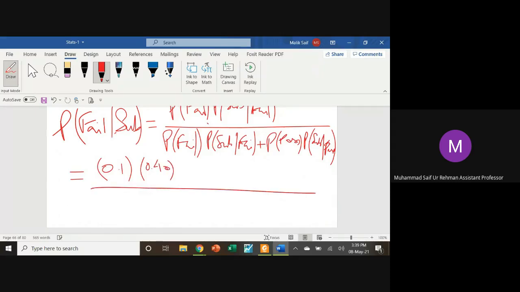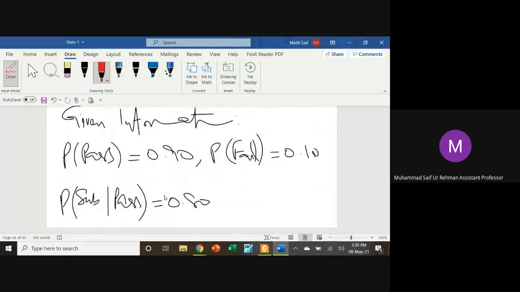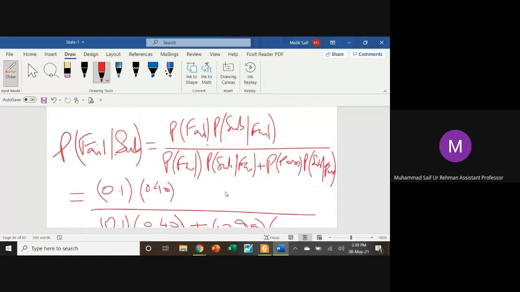Fine. In the denominator, you will repeat this term because the first term is same, 0.40 plus. Now, probability of pass. What is the probability of pass? 90%. And submission, given pass, written over here, 80%.